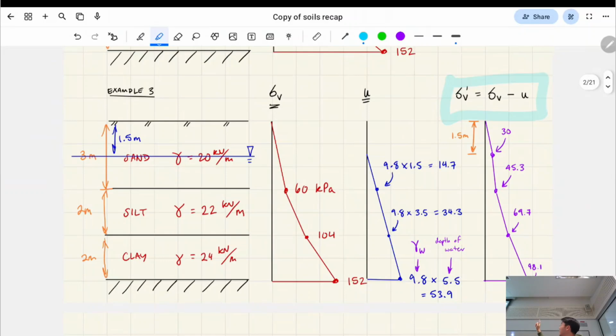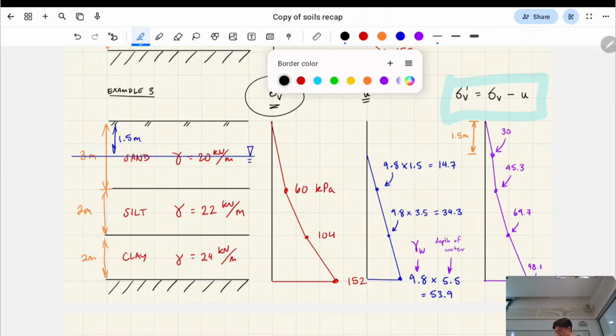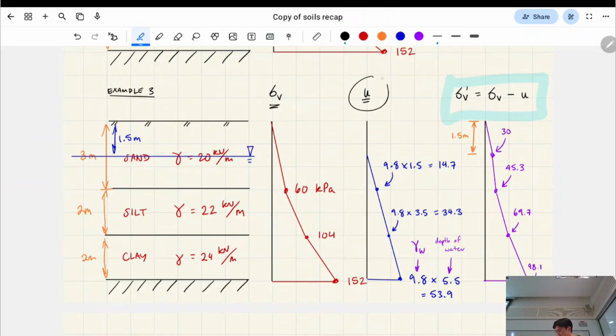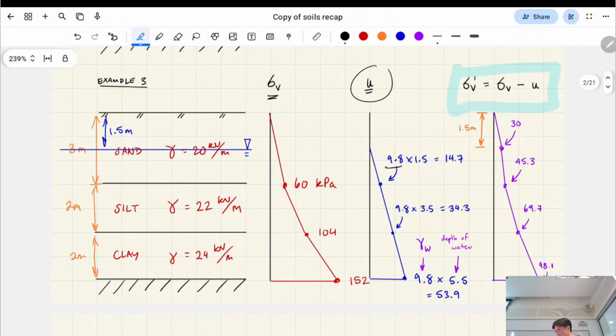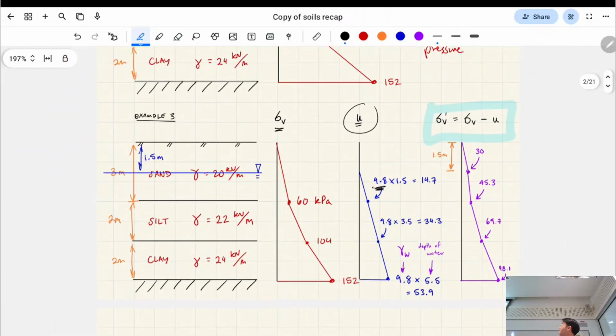Effective stress, which has a little dash, is your stress minus the pore water pressure. We talked about stress already, so that's that component. We can also graph the pore water pressure, which starts at the water table and then goes down, and it's based on the unit weight of water, which is 9.8.